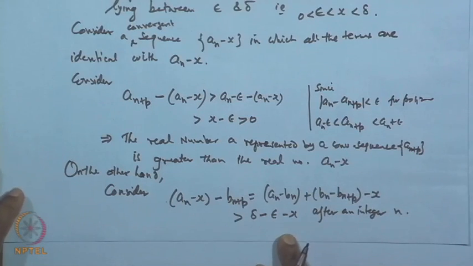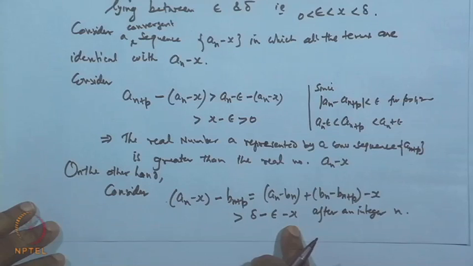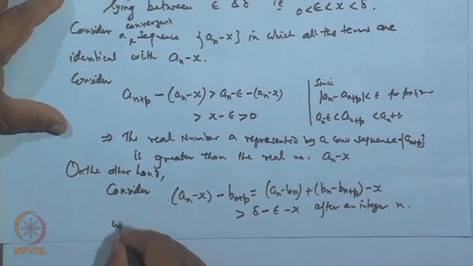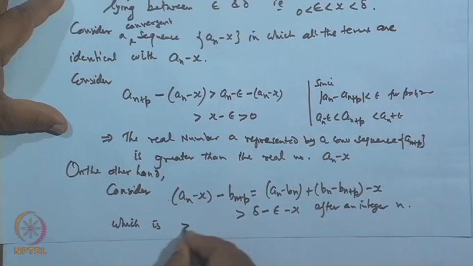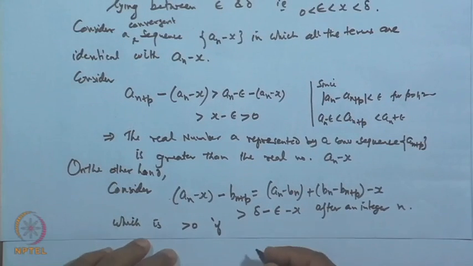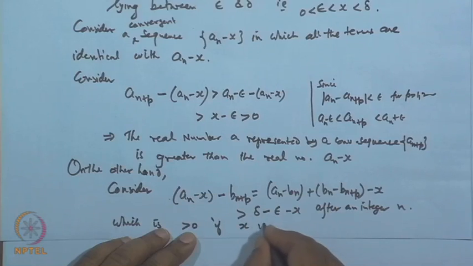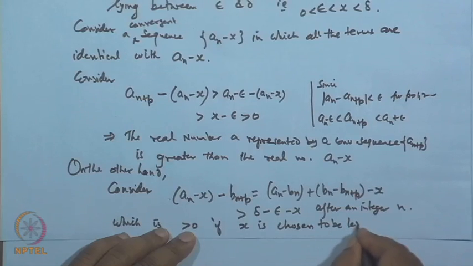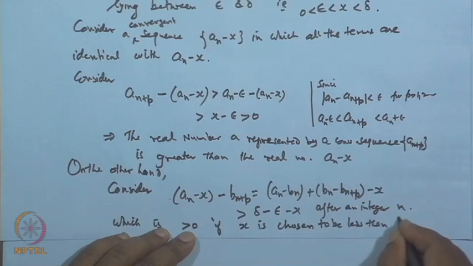Okay. Now, this can be made greater than 0 if we choose x to be less than delta minus epsilon.